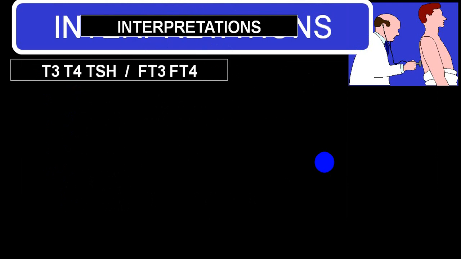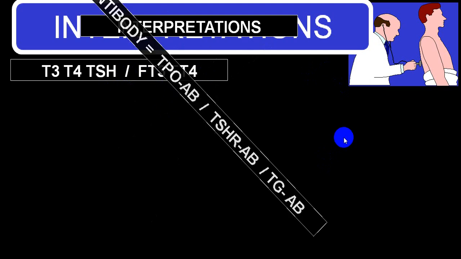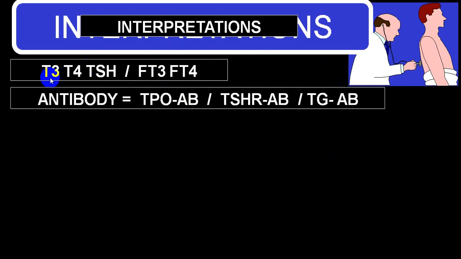Now we come to how you interpret. The most common test, and the first to be interpreted, is total T3, T4, and TSH level. But if it does not fit your clinical picture, go for free T3, T4, and TSH level, because the total levels can be abnormal due to abnormalities in plasma proteins, that is albumin and globulin.